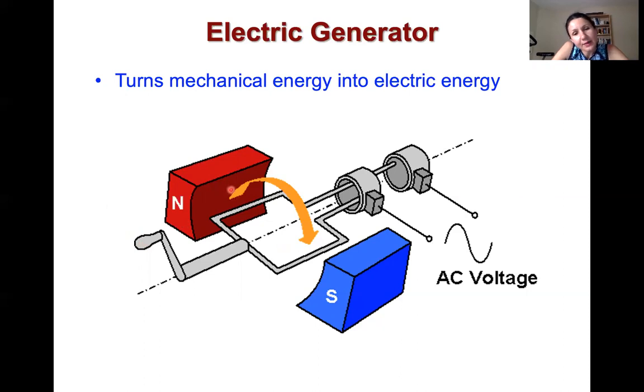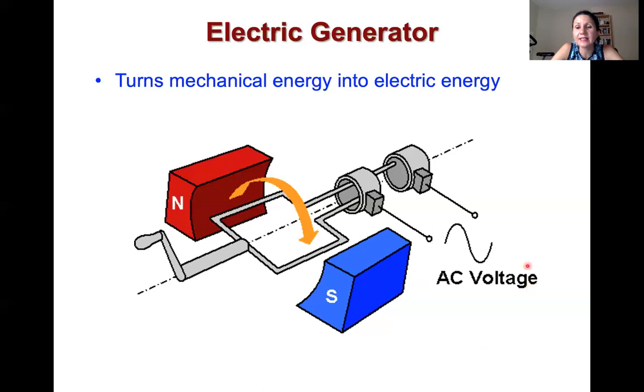As we just saw in the previous example, as it rotates in the magnetic field, which in this case is pointing in that direction, the flux will change, and that changing flux will generate a current. Every 180 degrees as it rotates, I'm not going to get into the analysis here, the direction of that change in flux changes, so the direction of the current will change. So every cycle, it goes between clockwise and counterclockwise.